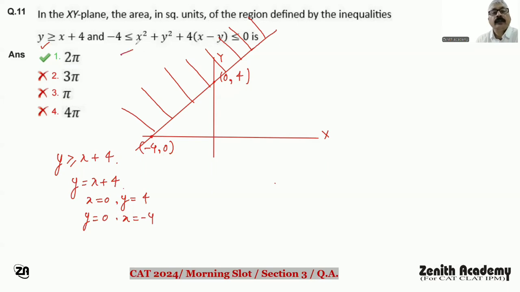Now take this inequality. It is x square plus y square plus 4x minus y less than equal to 0. Okay.